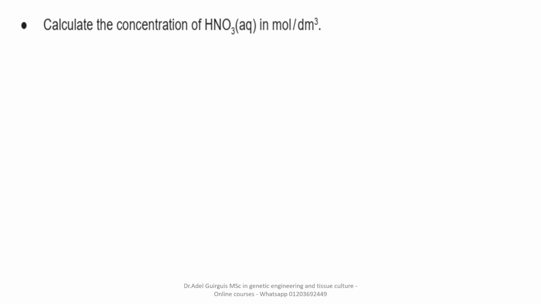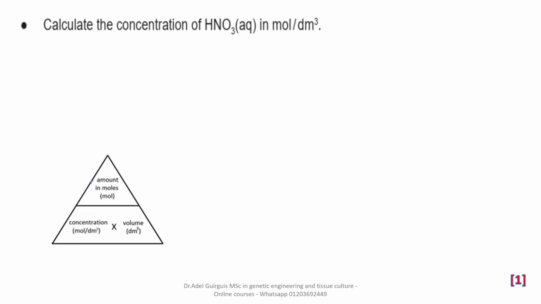Third point, calculate the concentration of nitric acid in mole per liter. Using the same triangle, the amount in moles of a substance is given by knowing concentration and volume. He asked about the concentration of nitric acid. We obtained the amount of moles of nitric acid in the last step as 6 times 10 to the power minus 4. What about the volume?